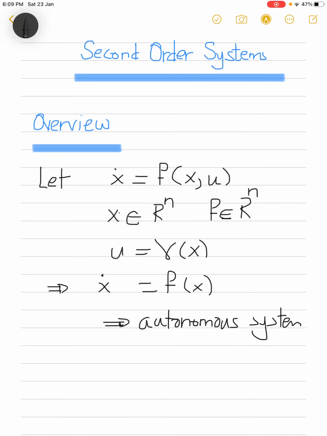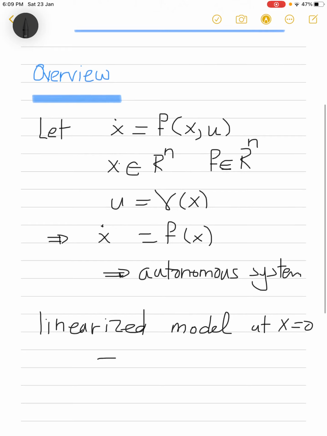If the system is a second order nonlinear system, we will show later that the nonlinear model can be linearized around the origin, and the resulting linearized model will be in the form x dot equals A times x. So this is the linearized model at the origin.